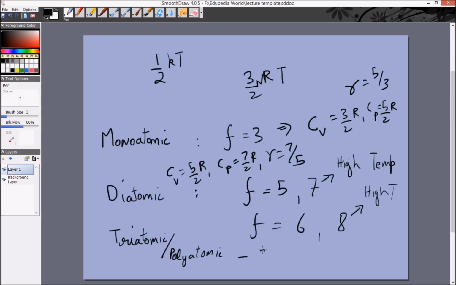And for triatomic gases, Cv is equal to 3R, Cp is equal to 4R, and gamma is equal to 4 by 3. Now, when we talk about air, we'll take gamma is equal to 7 by 5, that is 1.4, because air mainly contains diatomic gases, namely oxygen, nitrogen, hydrogen. So the gamma of air is also 7 by 5.